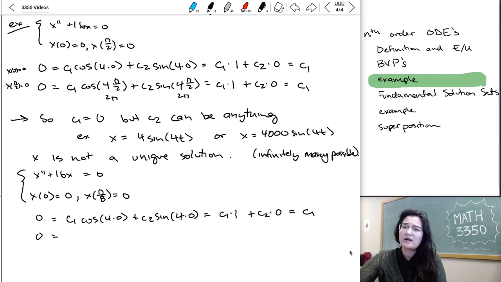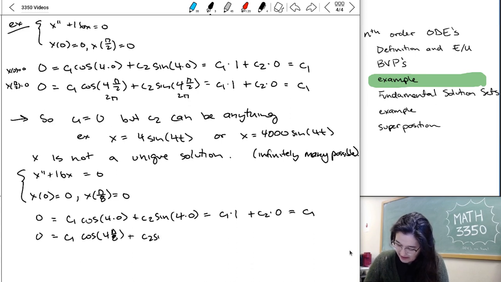But then for this new one, x of pi over 8 equals 0, I'll have c1 cosine of 4 pi over 8 plus c2 sine of 4 pi over 8. And 4 pi over 8 just becomes pi over 2 for both those.